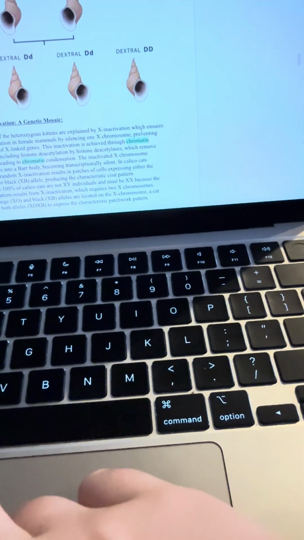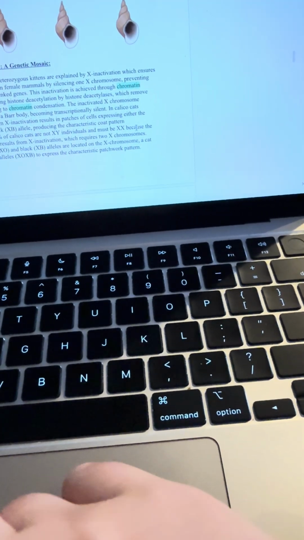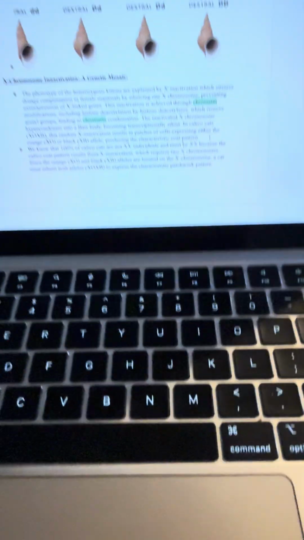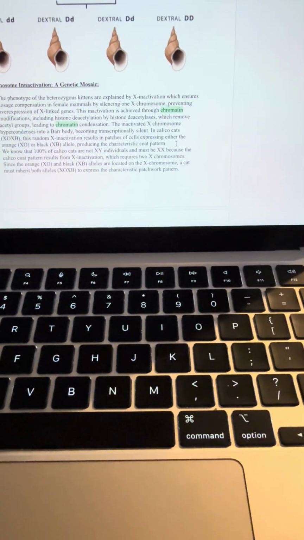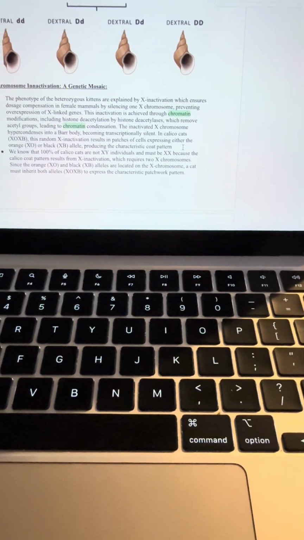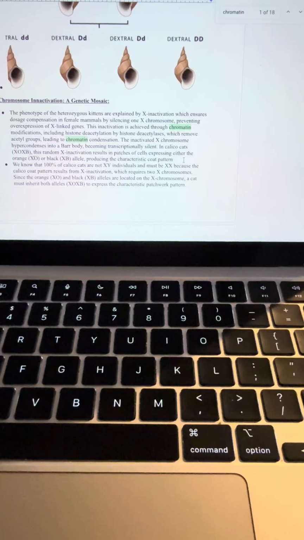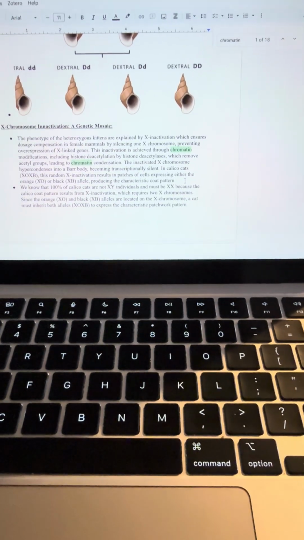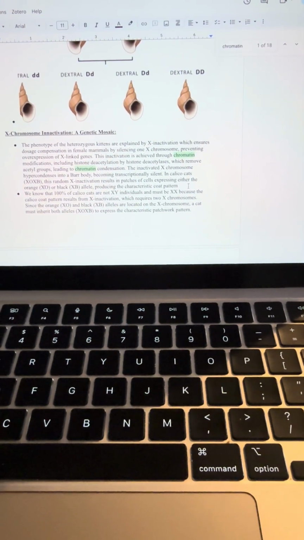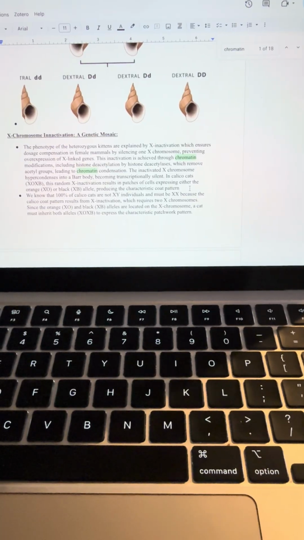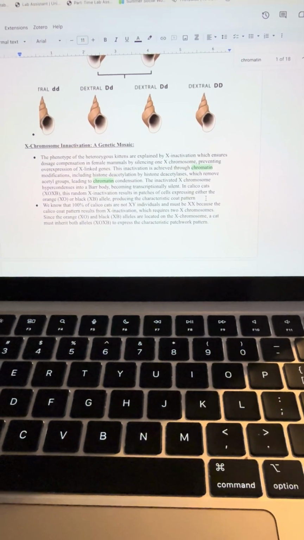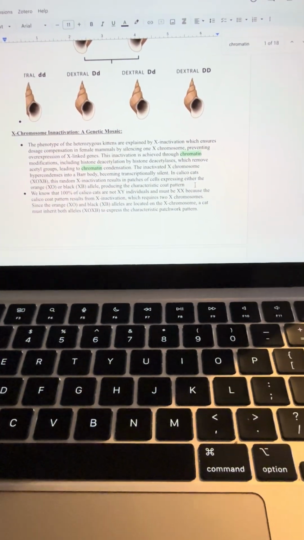X chromosome inactivation, a genetic mosaic. The phenotype of the heterozygous kittens is explained by X inactivation, which ensures dosage compensation in female mammals by silencing one X chromosome, preventing overexpression of X-linked genes.